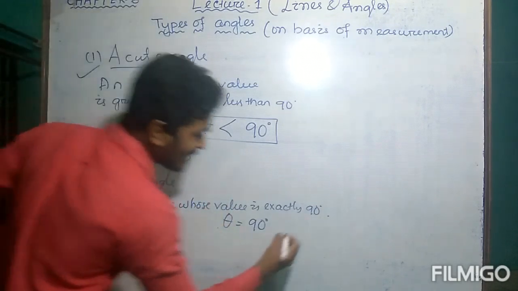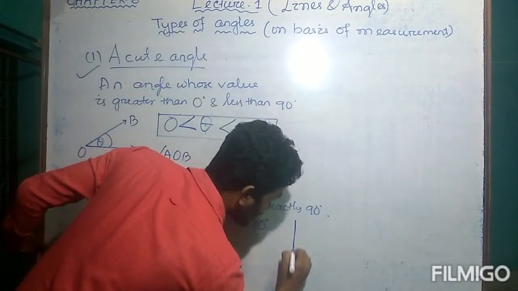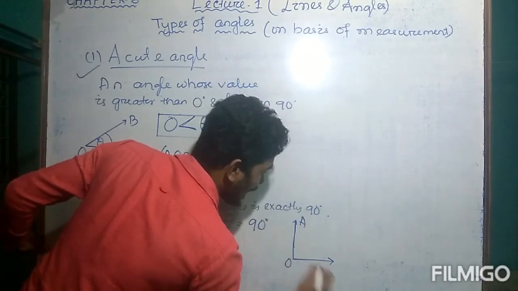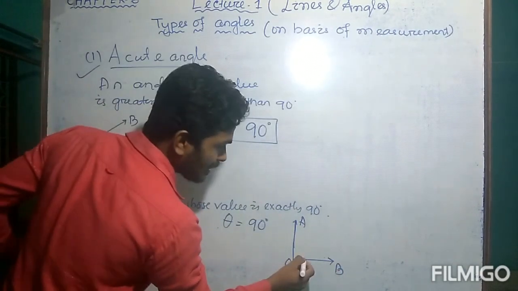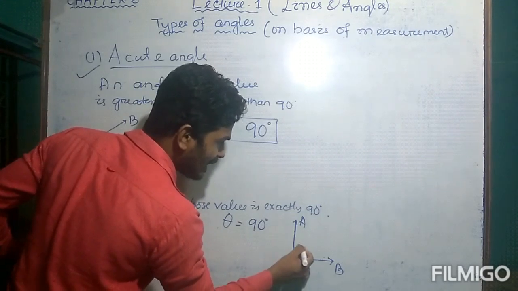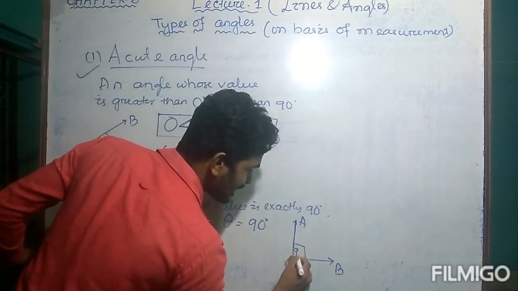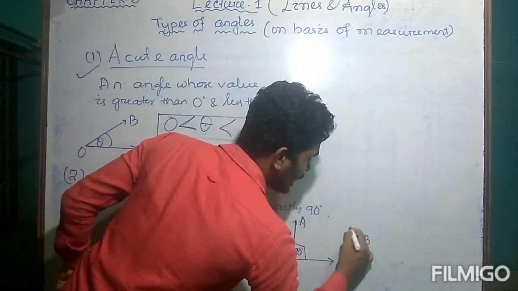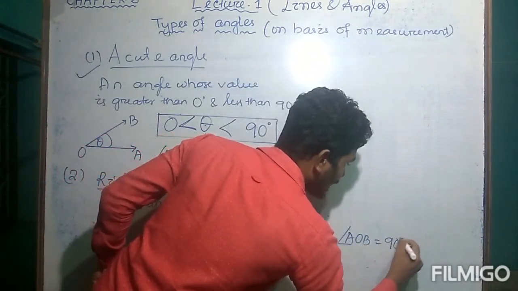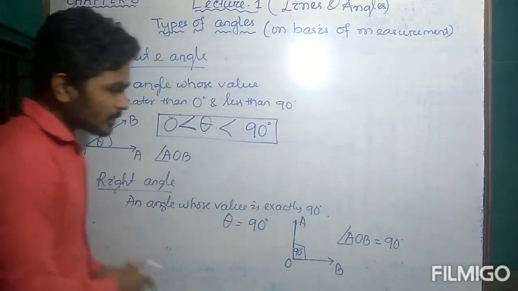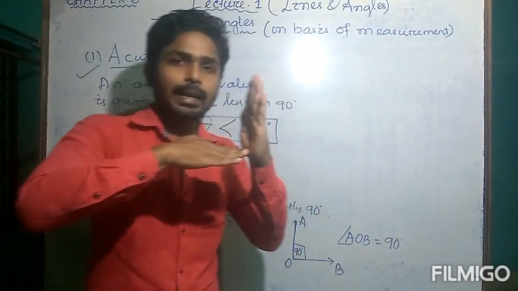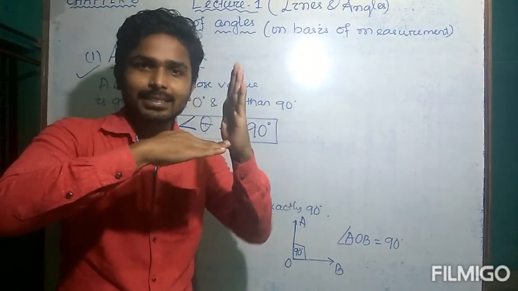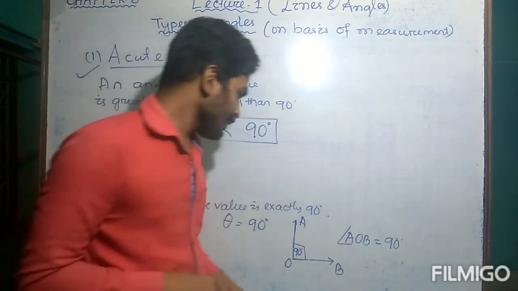Okay, you can represent it geometrically like this. Suppose this is OAB. Now, in between these two rays there is an angle formed, and this angle is equal to 90 degree. So you can write angle AOB is equal to 90 degree. Understood? So a right angle can be represented like this. This is 90 degree, but this is acute angle. This is right angle.